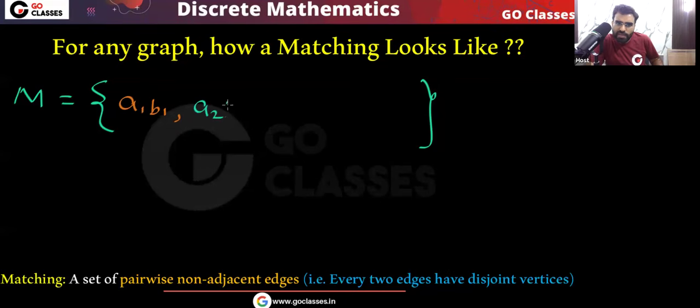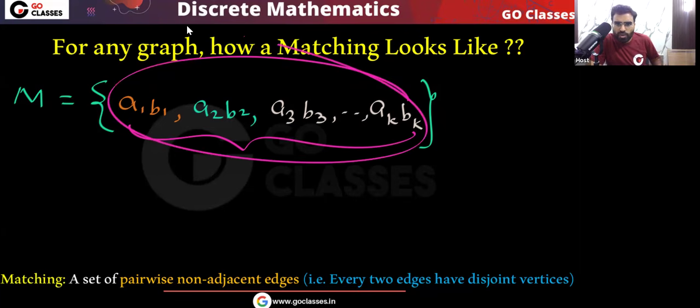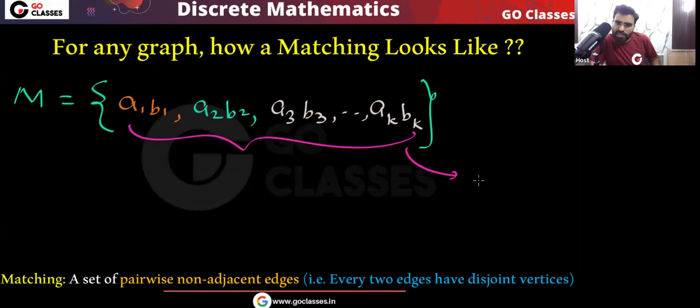So the next will have A2, B2, then A3, B3, and so on up to AK, BK. Is this clear? And remember, all these vertices will be disjoint, or different, distinct. These are edges, and in total there are K edges.